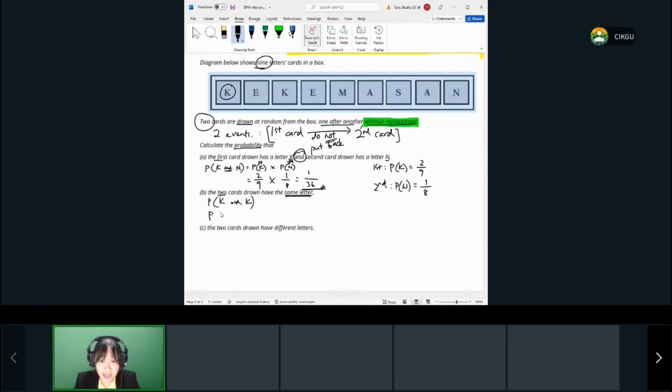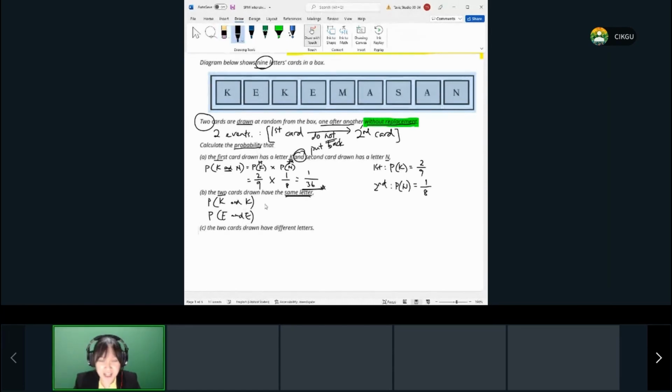I could also pick an E instead. If I pick an E, then my next letter must also be an E, because it just so happens that there are 2 E's. Possible also.